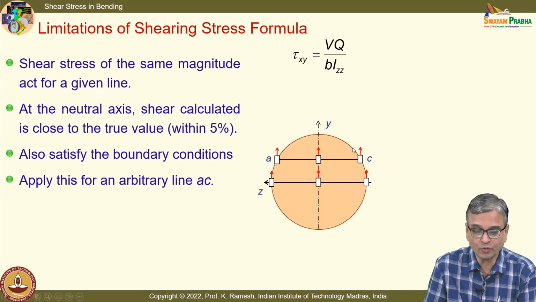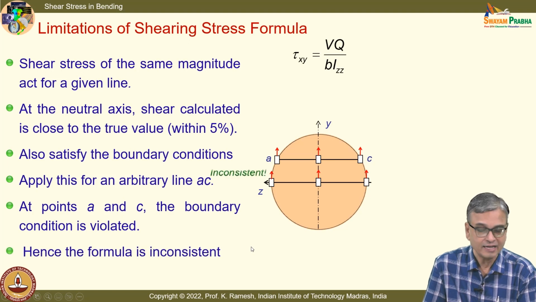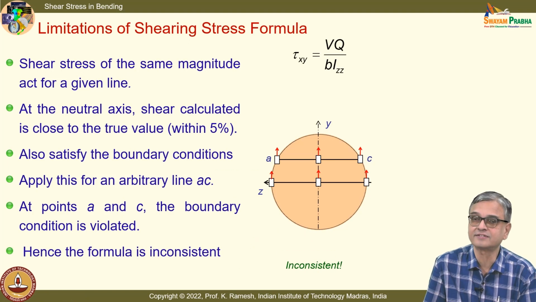If you look at the tangent that you draw here, it does not coincide with the direction of the stress. So, you can't have a stress like this. That is a contradiction. The boundary condition is violated at points A and C. So, if the boundary condition is violated, we can only say the formula is inconsistent.